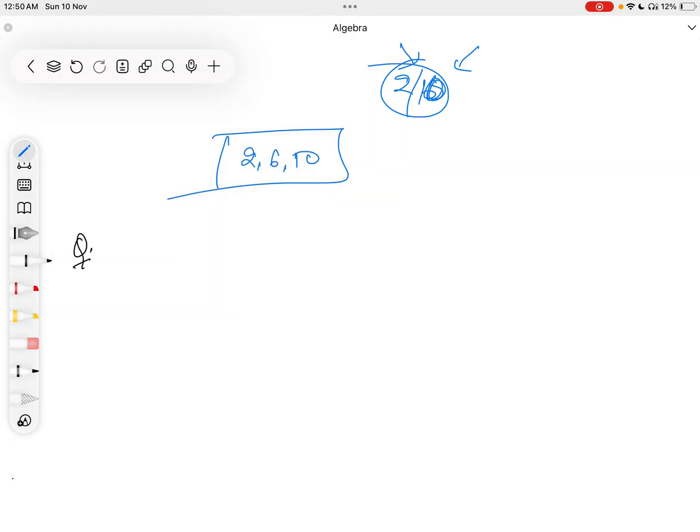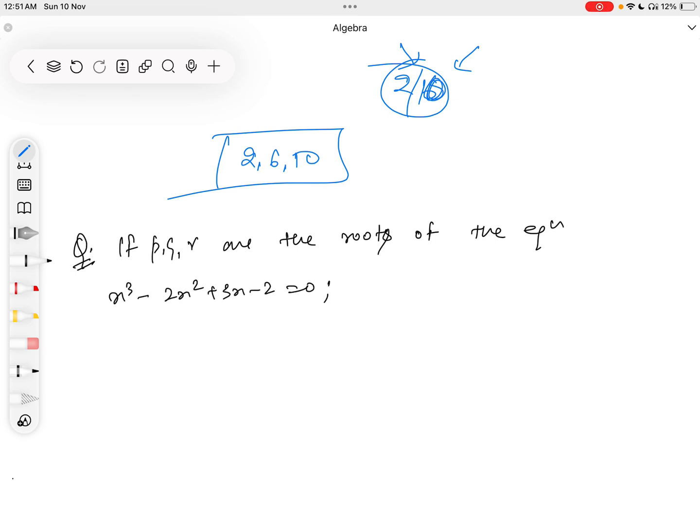Let's see another question. If p, q, r are the roots of the equation x cube minus 2x square plus 3x minus 2 equals 0, then find 1 upon p square plus 1 upon q square plus 1 upon r square.